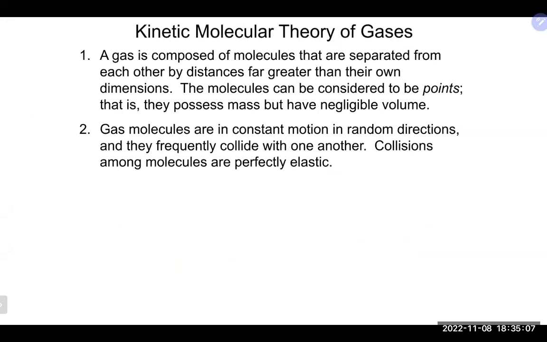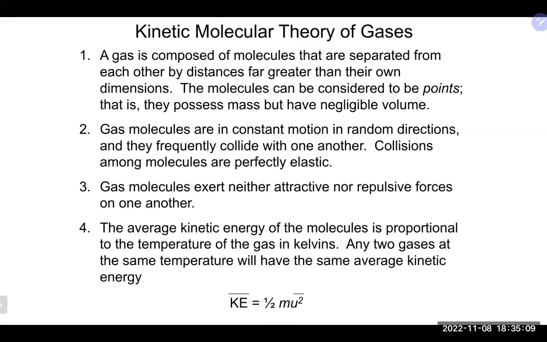So let's talk a little bit about the kinetic molecular theory of gases. A gas is composed of molecules that are separated by distance. The molecules are considered to be points. And one of the things that makes something an ideal gas is really this first one. They possess mass, but they have a negligible volume.